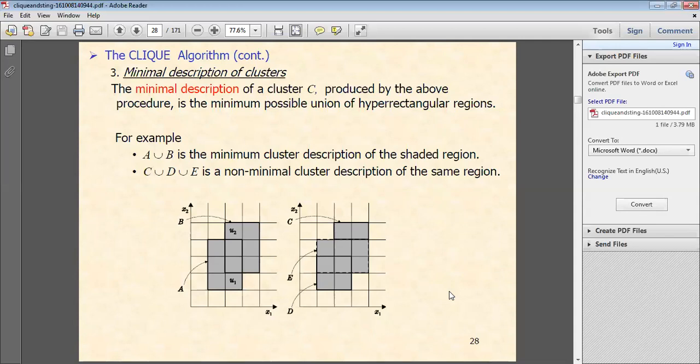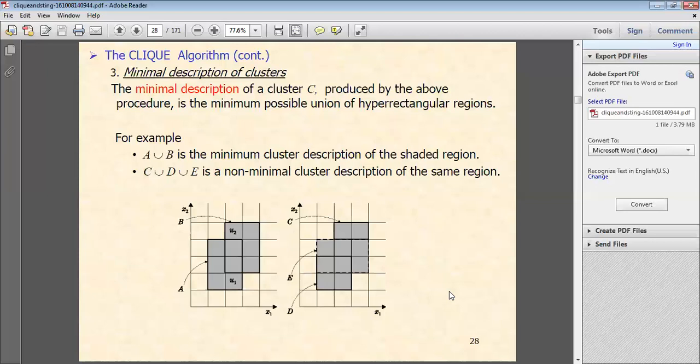Why so? Because actually they are covering the same area, but read the definition once again: the minimum possible union of hyper-rectangular regions. First of all, the region should be rectangular. And here C, D, and E are also rectangular, satisfying the criteria. But the problem is the minimum number of rectangles required to represent the area. We should have the least repeated or covered area. In A union B, the overlapped region is minimum.